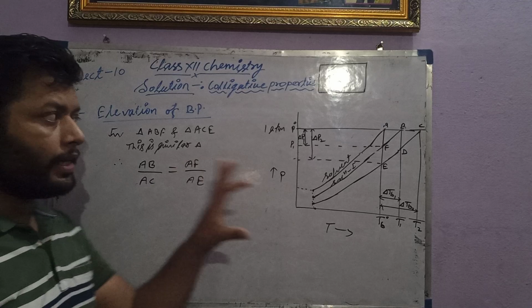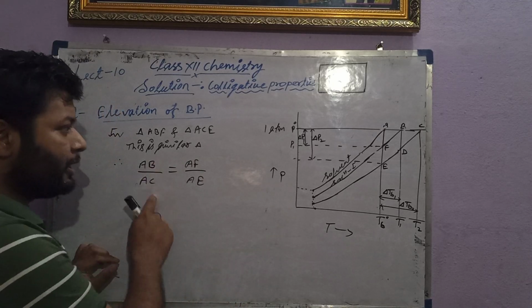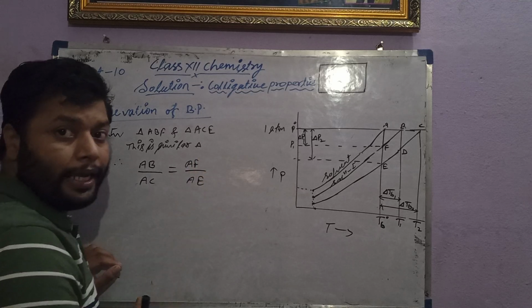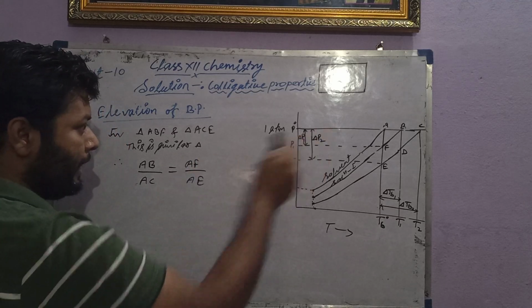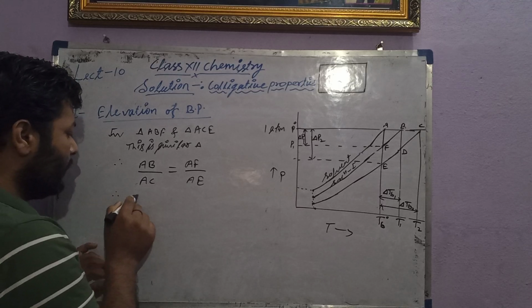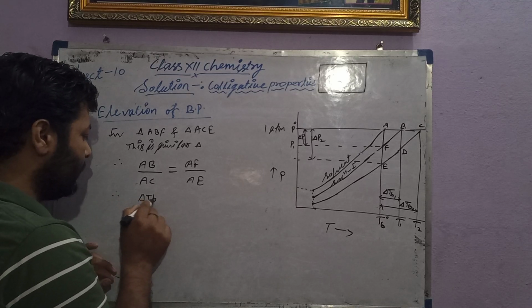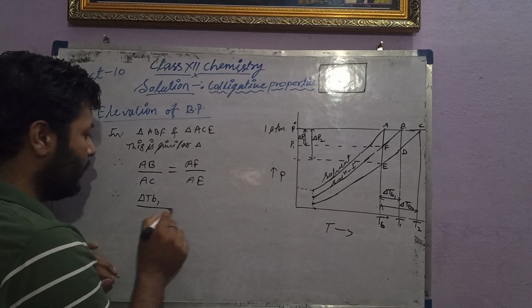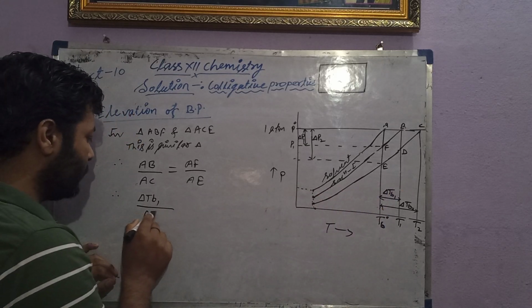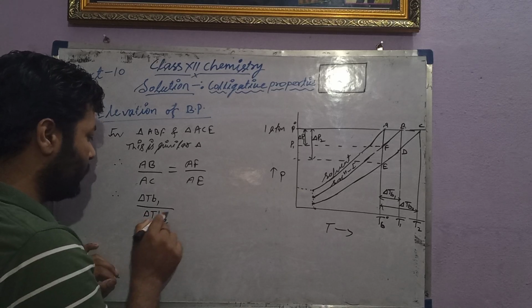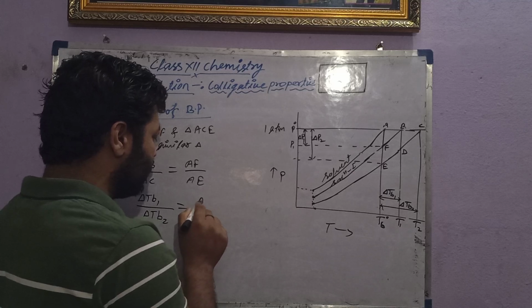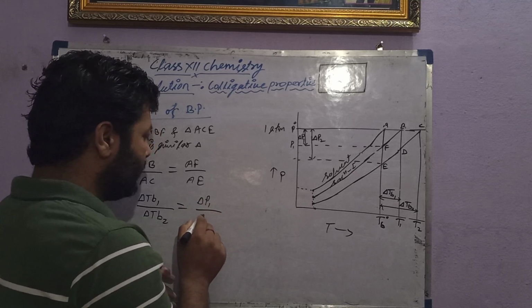The value of AB is delta TB1 and the value of AC is delta TB2, which is equal to AF, that is delta P1, upon delta P2.